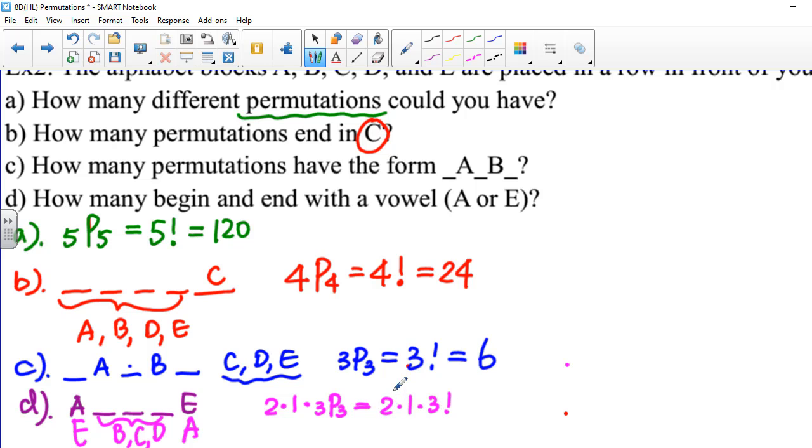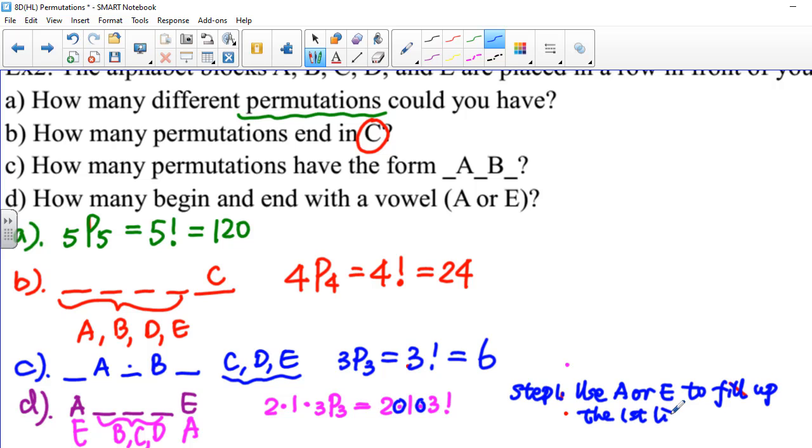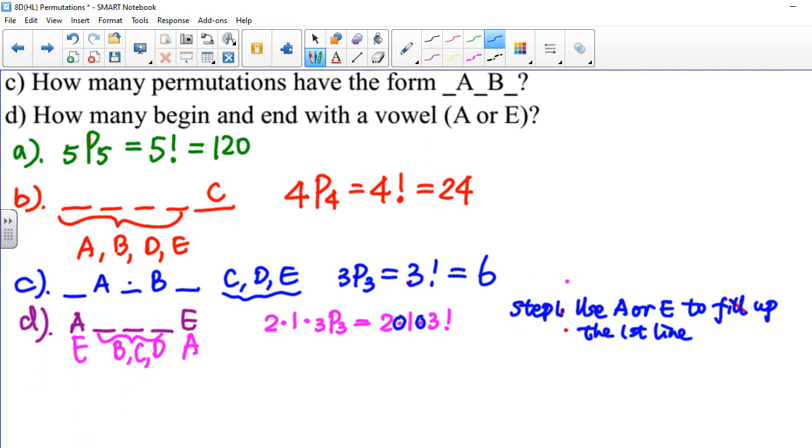Some of you guys want to ask, how did you know you have to do those ones with times? So right now you can analyze the questions in steps this way. Step 1: Use A or E to fill up the first line, the first place.